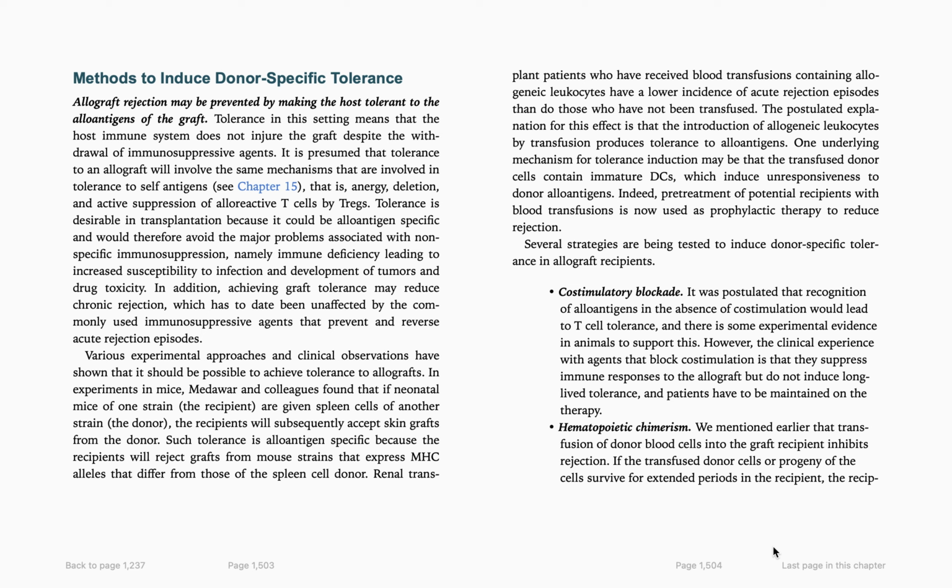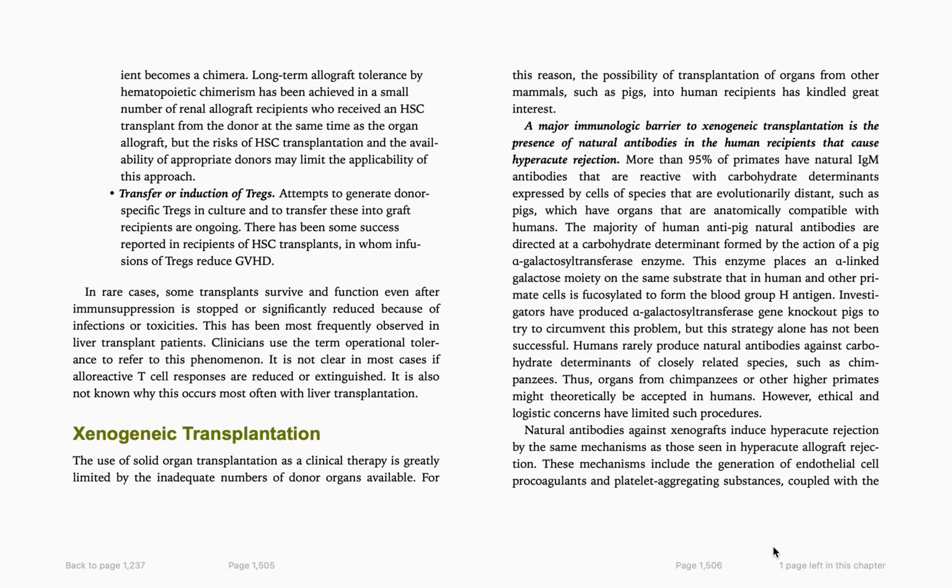Hematopoietic chimerism. We mentioned earlier that transfusion of donor blood cells into the grafted recipients inhibits rejection. If the transfused donor cells or progenies of the cells survive for an extended period in the recipients, they become chimeras. Long-term allograft tolerance by hematopoietic chimerism has been achieved in a small number of renal allograft recipients who received a hematopoietic stem cell transplant from the donor at the same time as organs are grafted.